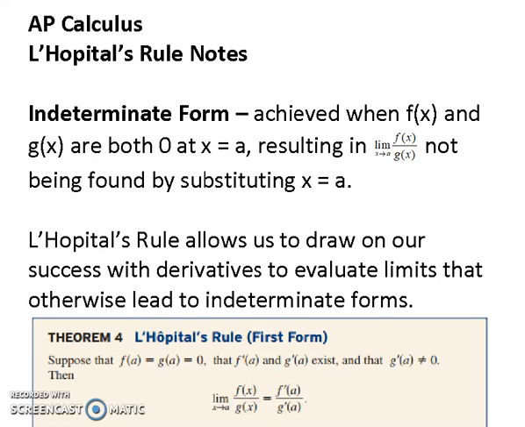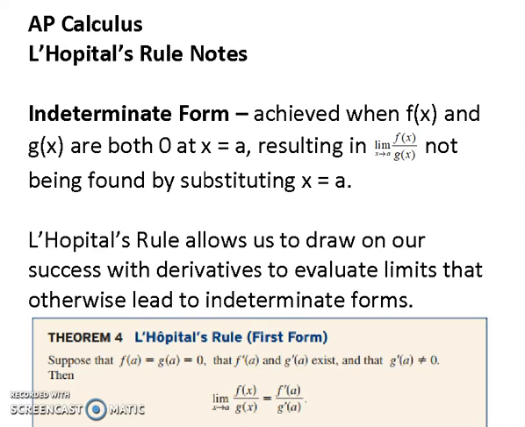So L'Hopital's rule is an approach that we can use when we're doing limits. So yes, we're going to go back to limits today. But it's when situations happen that have happened to you when we were doing limits before, where something that's known as an indeterminate form is achieved. And that happens when f of x and g of x are both 0 at x equals a.